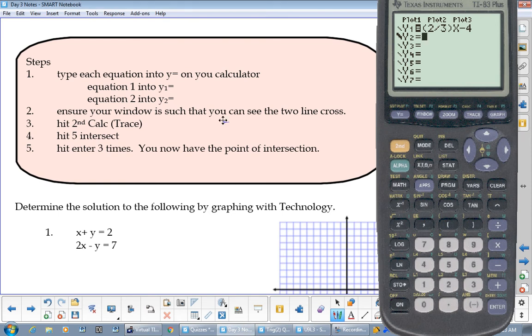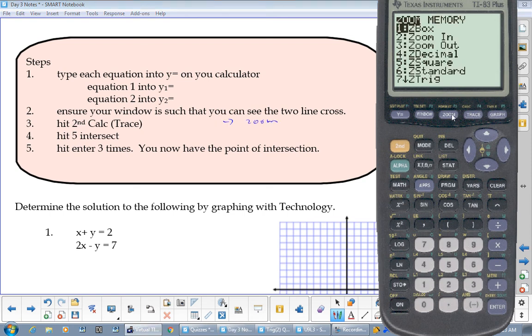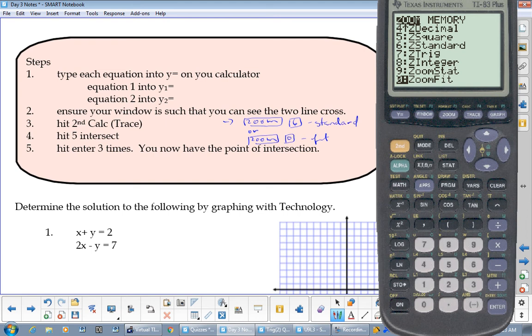The two we're going to be using are zoom 6, which is zoom standard, or, if you keep going down, zoom 0, which is zoom fit. Standard is like, let's all look at the same picture. That's what standard does, it brings it back.